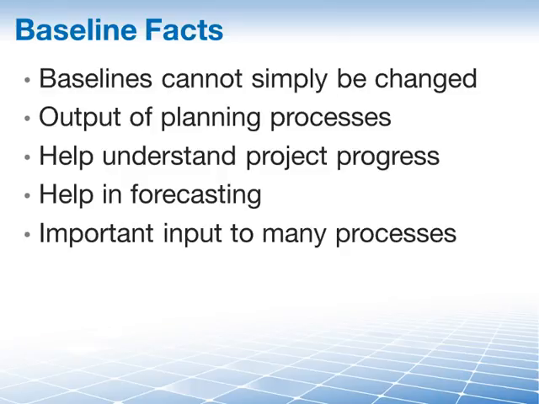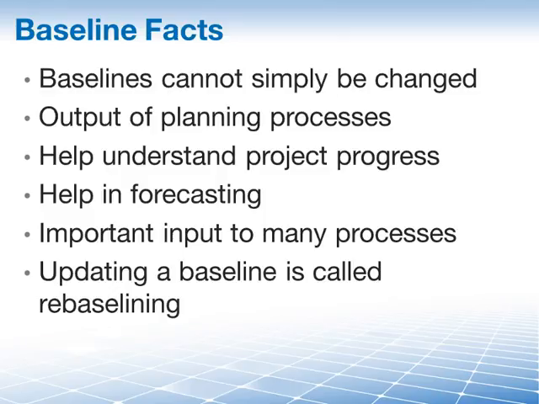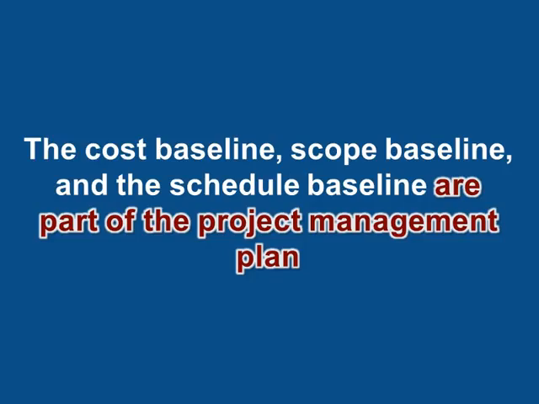Baselines are important inputs to a number of project processes, and the outputs of a process can initiate a change request for a baseline. When a baseline is changed, we call it rebaselining. It's important to emphasize for the PMP exam that the cost baseline, scope baseline, and schedule baseline are extensively mentioned and discussed throughout the PMBOK guide, and they are explicitly listed as being part of the project management plan.